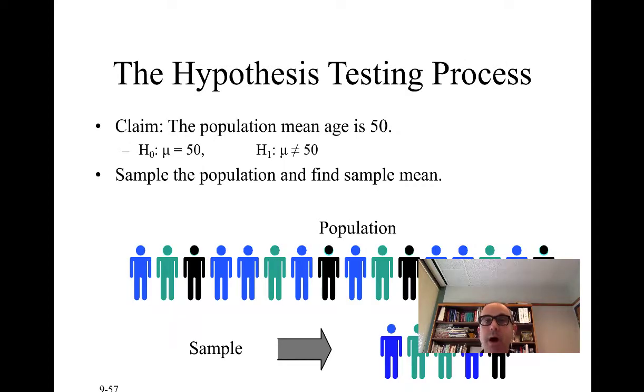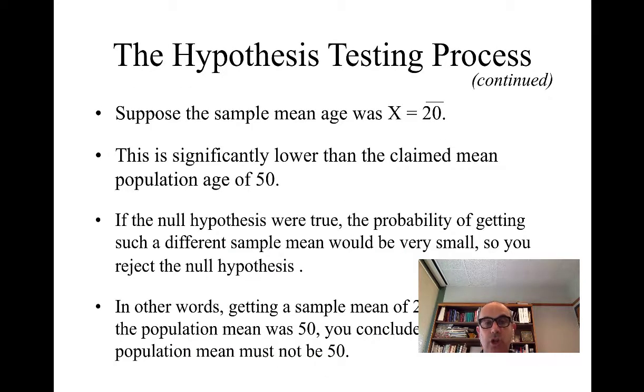In the hypothesis testing process, consider a claim that the population average age is 50. We take a sample from the population to find the sample mean. Again, the sample needs to be representative of the entire population. Suppose the sample mean age is 20, which is significantly lower than the claim of the population age of 50.